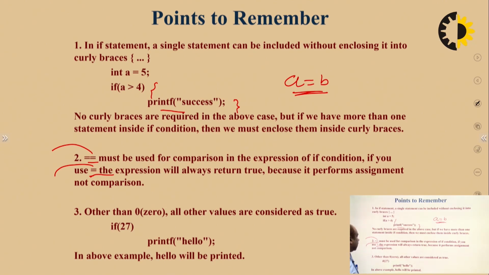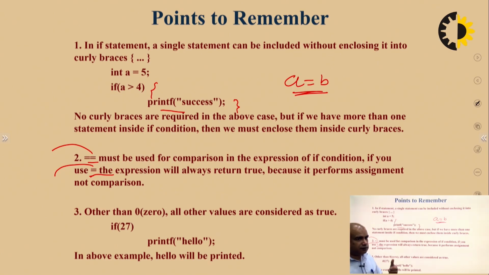Third thing: other than 0, all other values are considered as true. As I said earlier, C does not have any kind of Boolean data type as Java or Python have. So to represent a Boolean value, we use an integer value as true or false.